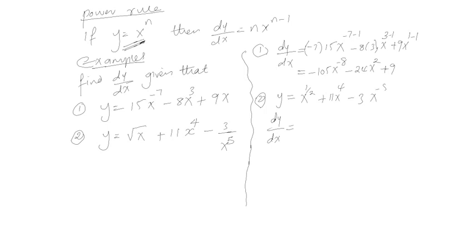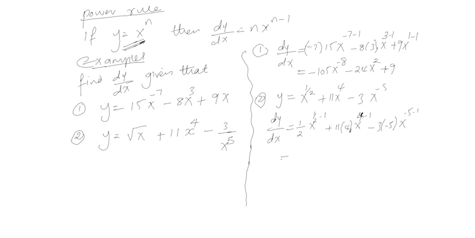This is equal to, using the power rule, the power comes, multiplies the coefficient, and then you take 1 from the power. You take 1 from a half, plus 11 multiplied by 4x, 4 you take 1, this is 4 less 1, minus 3 multiplied by negative 5, and then x with a negative 5 minus 1, you take 1.